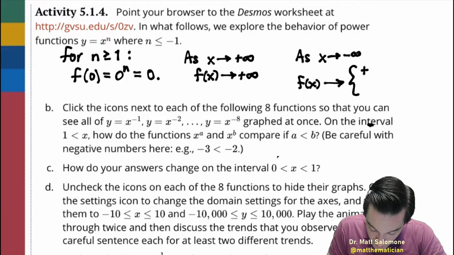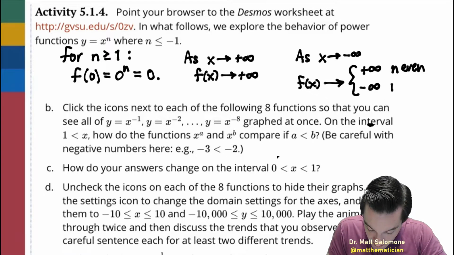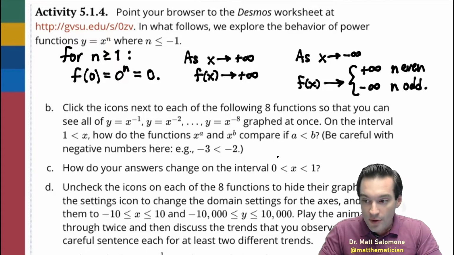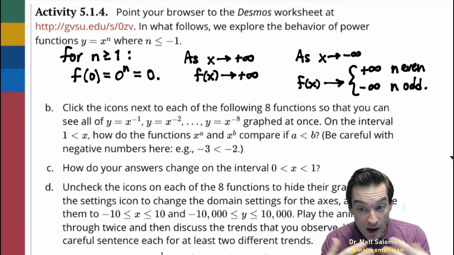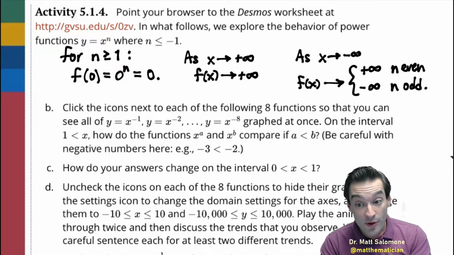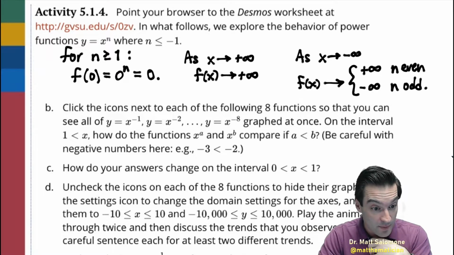So when my exponents were even, f of x tended to positive infinity. And when my exponents were odd, f of x tended to negative infinity. So there's what we can say as far as what the positive integer powers of x, what those functions all have in common one with another.